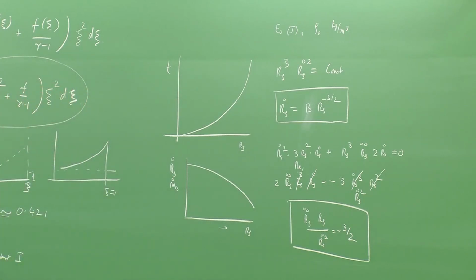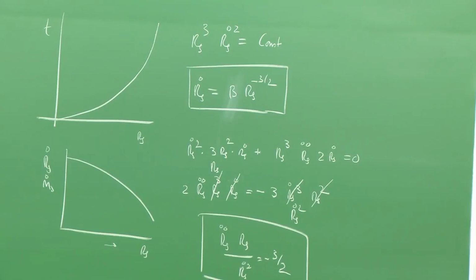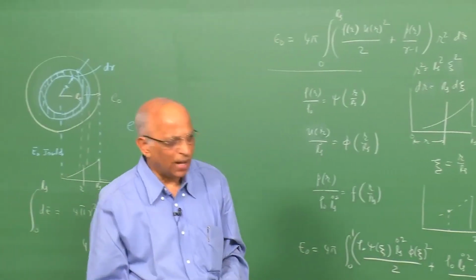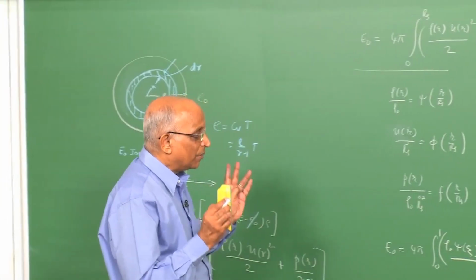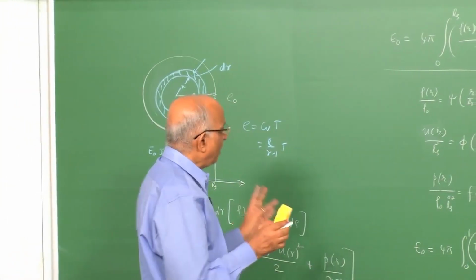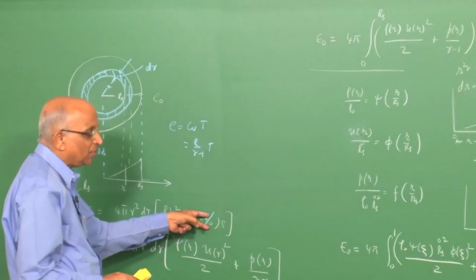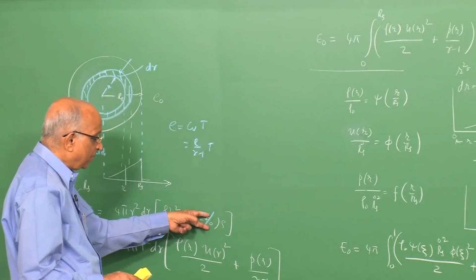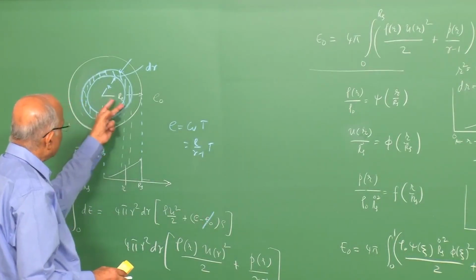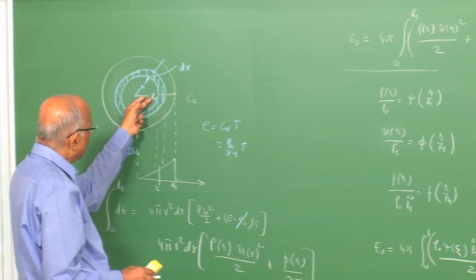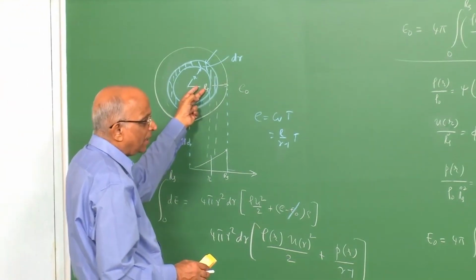Let us try to see whether I can use the energy equations to better advantage to get some more characteristics of these blast waves. Mind you, we must keep something in mind. When we did all this, we presumed that the initial energy of the medium is small. In other words, we told ourselves the blast wave must be strong enough such that the value of E0 can be neglected.